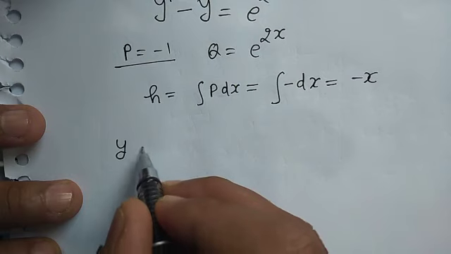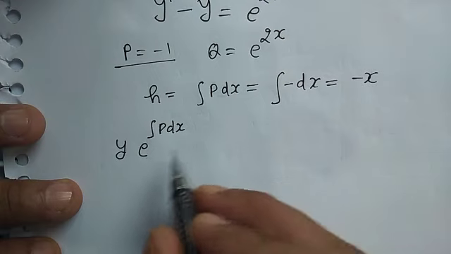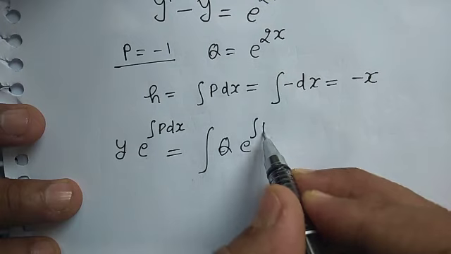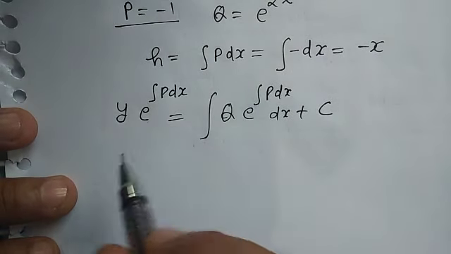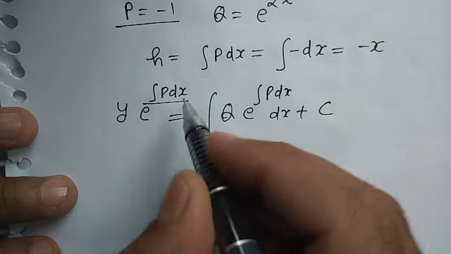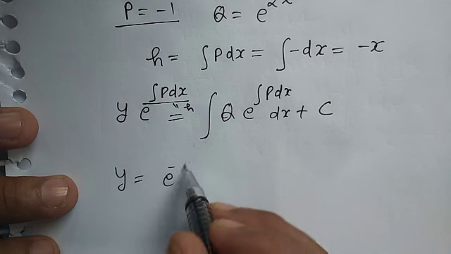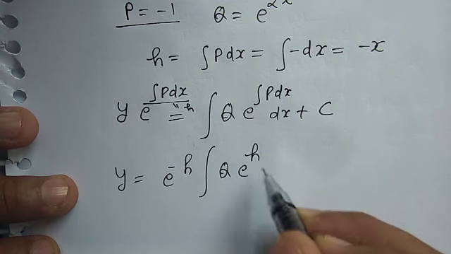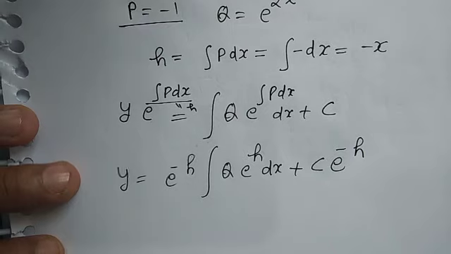The solution will be y e power integral p dx equal to integral of q e power integral p dx plus c. If integral p dx equals h, we can write y equals e power minus h integral q into e power h dx plus c e power minus h.